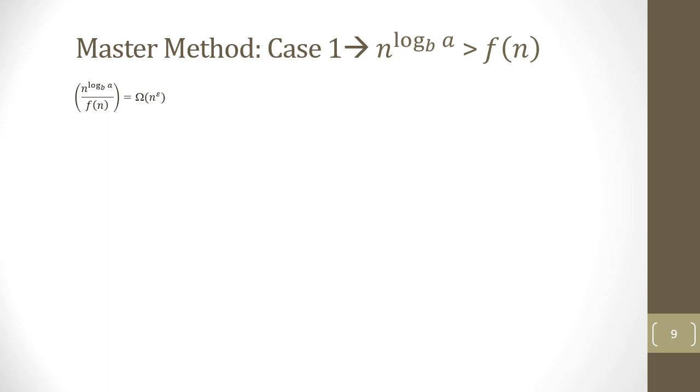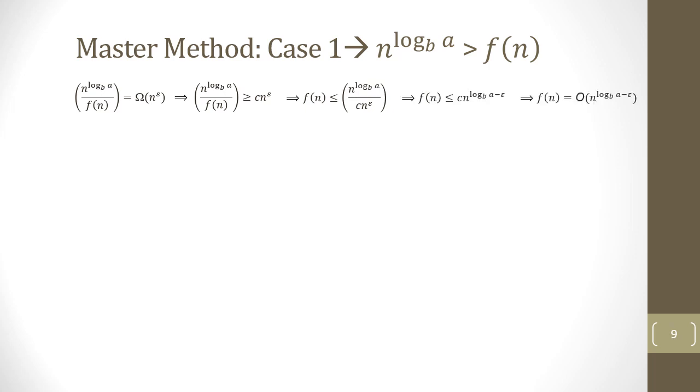If we solve this, we come up with n to the power of log base b of a divided by f(n) greater than or equal to c times n to the power of epsilon. If we take f(n) to the left hand side and the remaining to the right hand side and solve for this, we will end up with f(n) is equal to big O of n to the power of log base b of a minus epsilon, which was the first condition of case 1 of the Master Theorem.